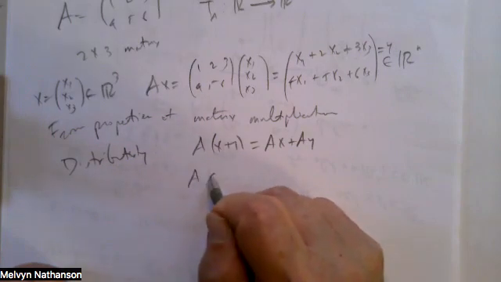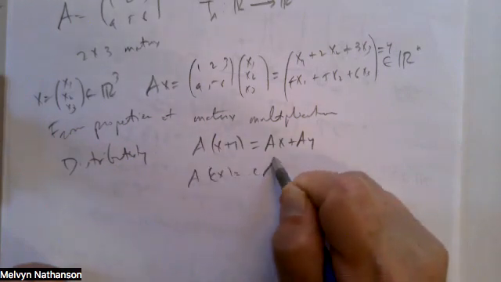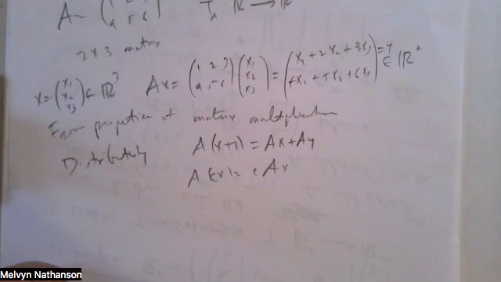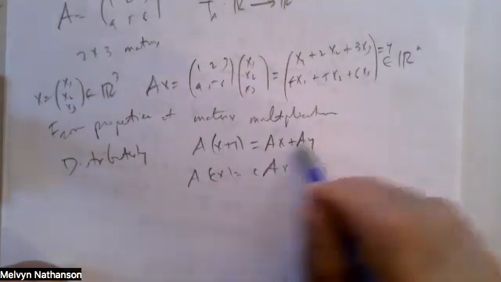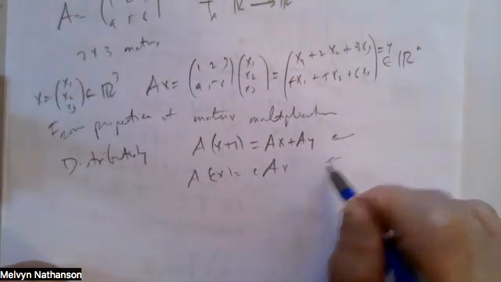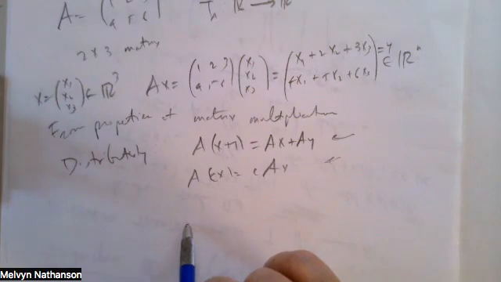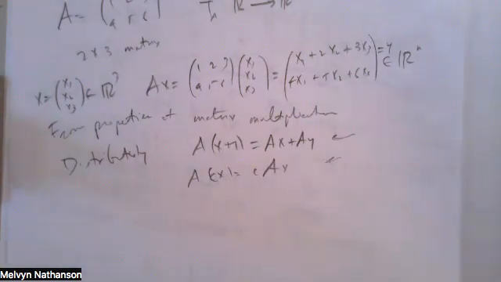And A times cx is c times Ax. So the properties of a linear transformation are satisfied, this additivity and this scalar multiplication property. So we have a linear transformation for every matrix.